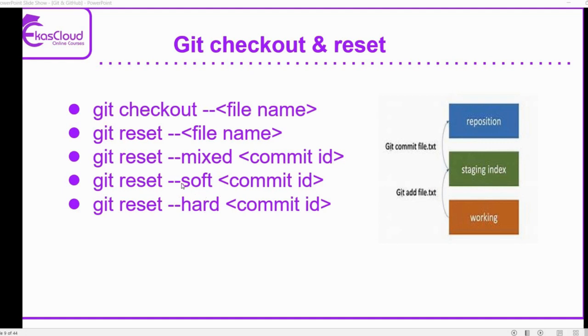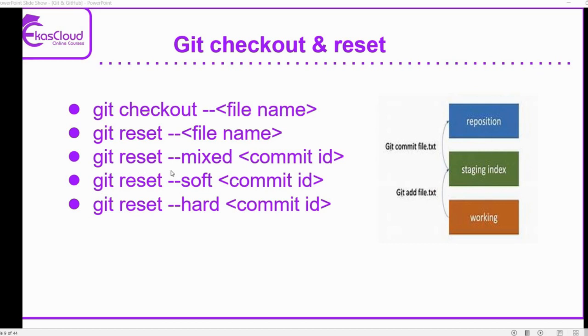These commands can be used to undo the changes in a commit. If you made a commit but later want to remove it, you can use these commands to discard or undo the commit.